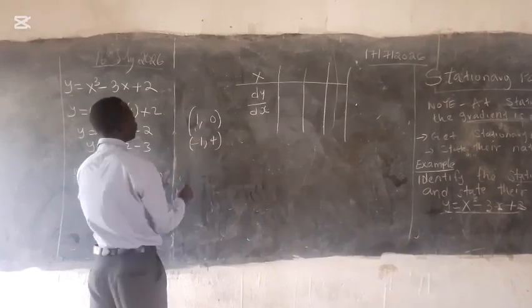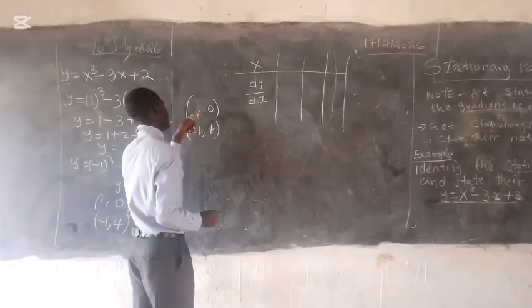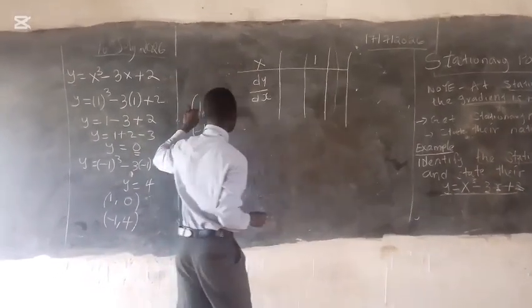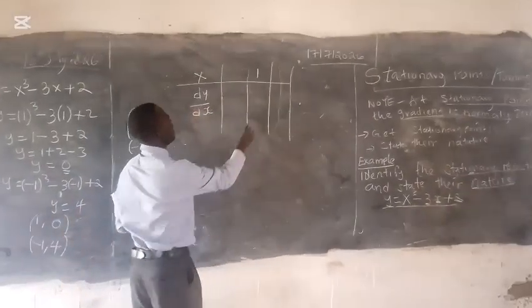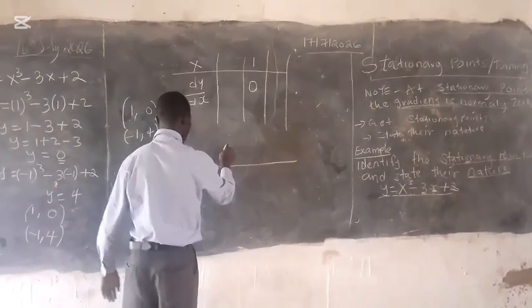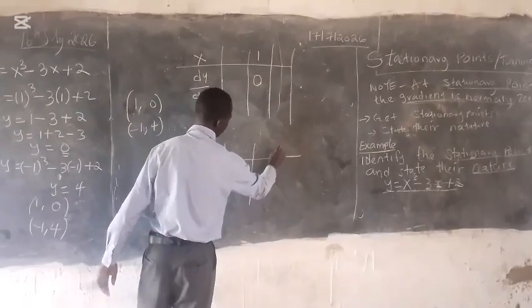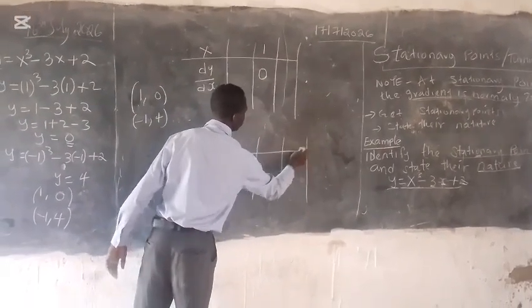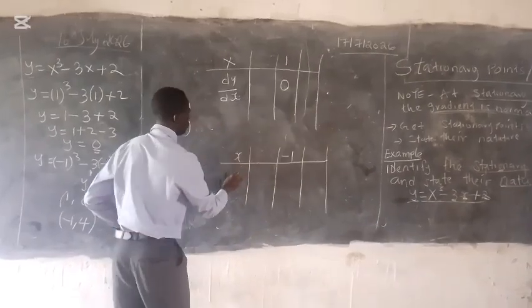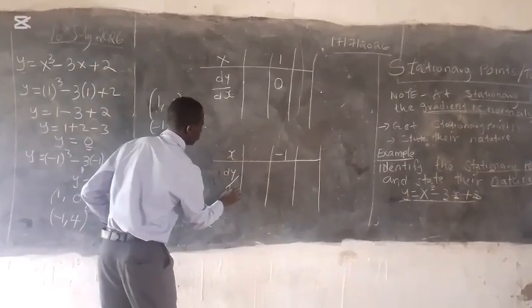So we only dwell on x, and here we use x as 1. When x is 1, remember at a stationary point, the gradient is 0. We also have another one, because there are 2. When the value of x is negative 1, then the gradient is 0.